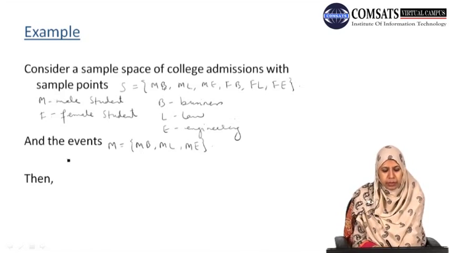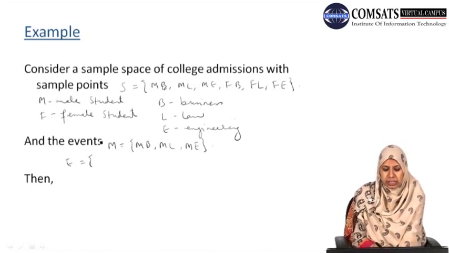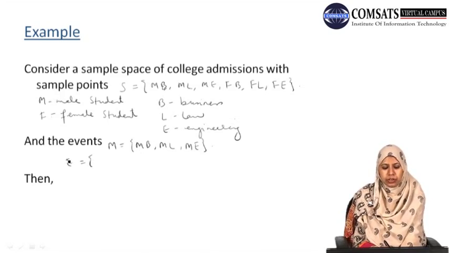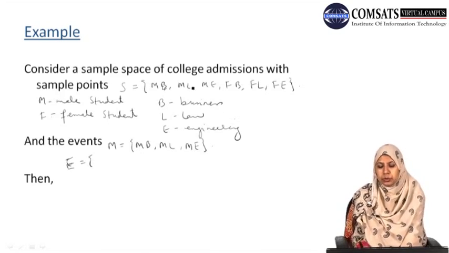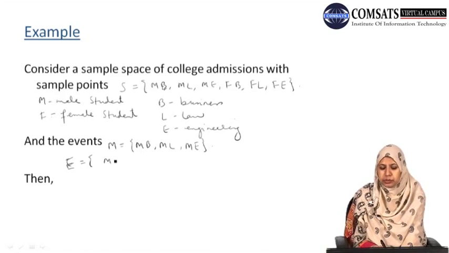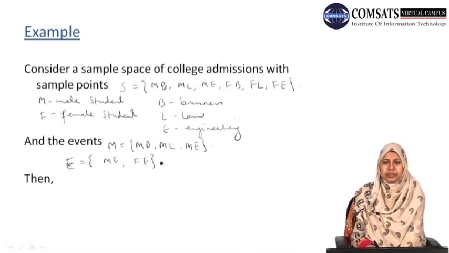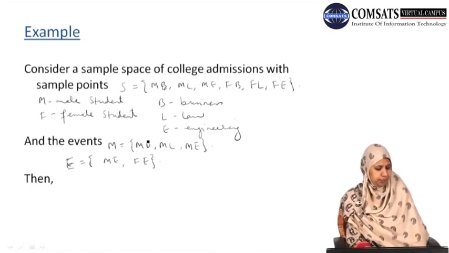Okay. We may also define an event E based on the subject engineering. This will contain only 2 possible outcomes, that is a male student studying engineering and a female student studying engineering.